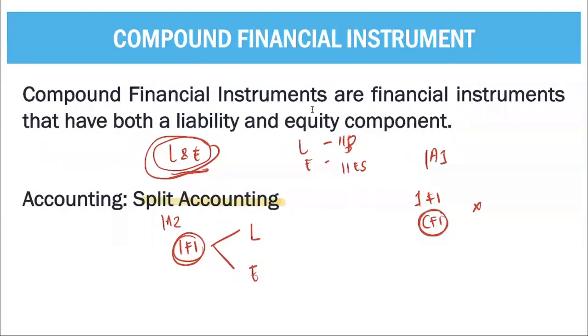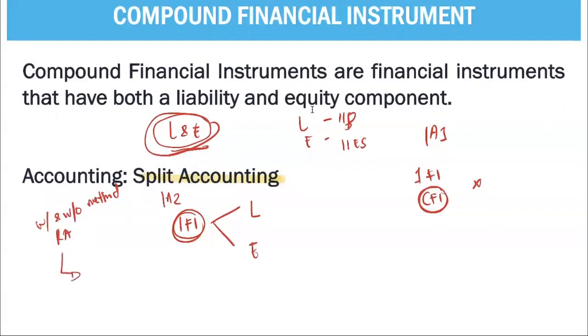When we say split accounting, we do the with and without method or the residual approach. Sir, what is this with and without method? In this with and without method or residual approach, first we get the total issue price. Then out of your total issue price, we deduct the present value of the liability portion.